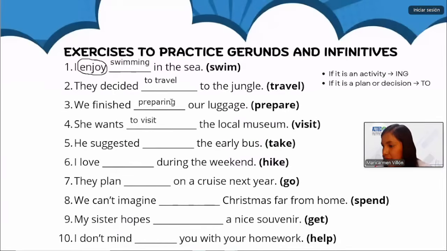Tienen to take, taking, to take, to take. ¿Mm? Veamos, está dividido porque leo to take y veo con INGs. He suggested, veamos, suggestions.